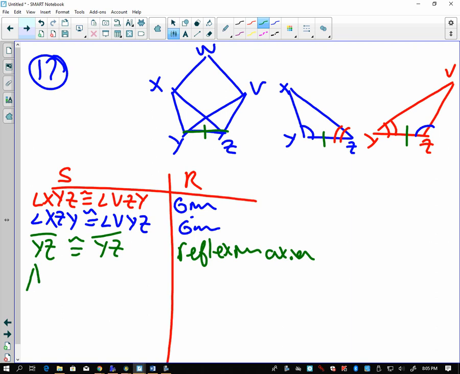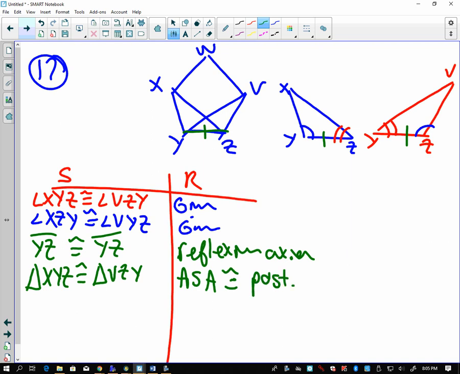Now I know that triangle XYZ is congruent to triangle VZY through the angle-side-angle congruency postulate.